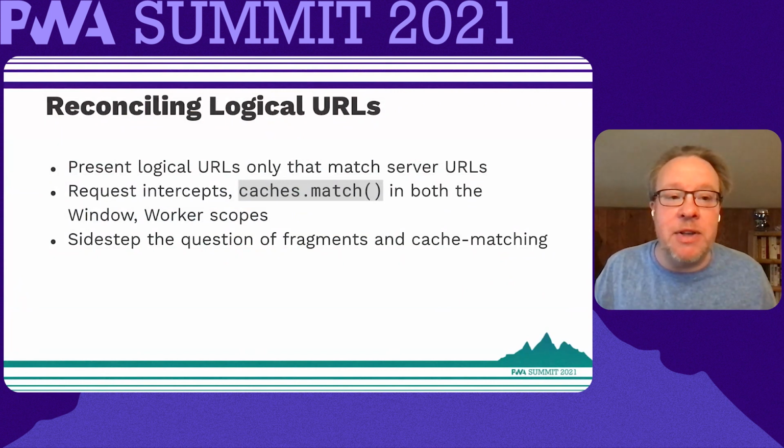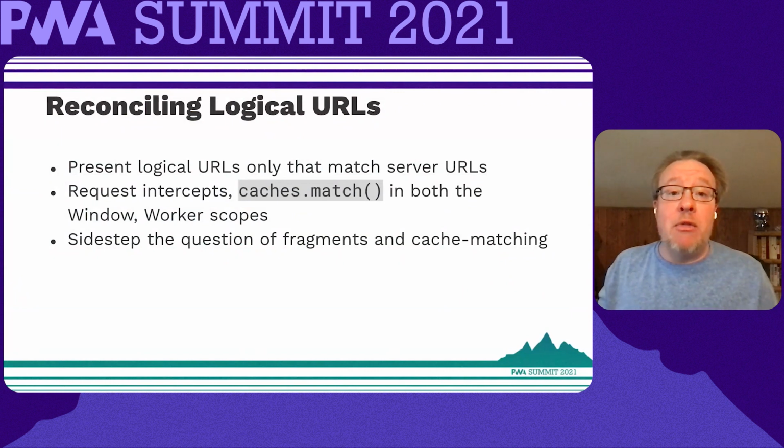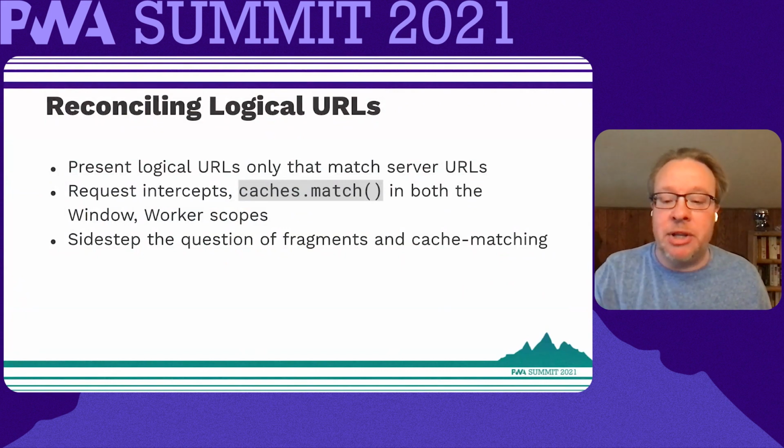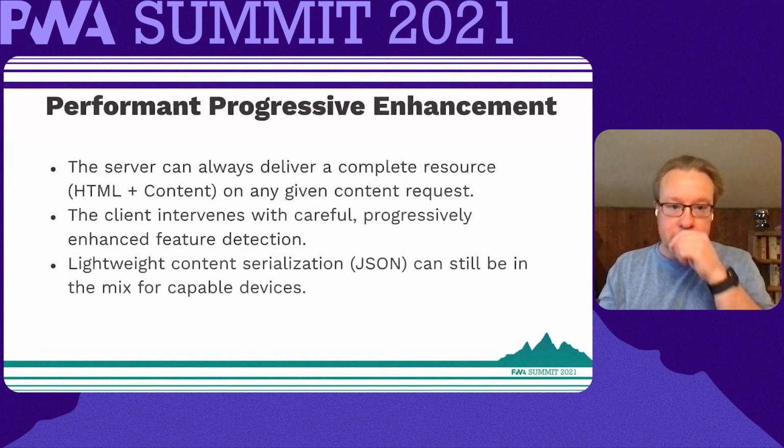And of course, in doing all of this, we sidestep the question of URL fragments and cache matching. One of the things that's a problem with a fragment-based URL scheme is that those fragments, regardless of what the service worker does, regardless of what the cache API does, the fragment is not passed to the server. So we cannot reliably use URL fragments and hope to get a response on a return visit or on a shared link or something like that.